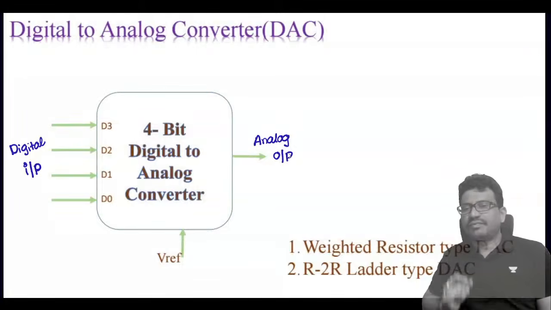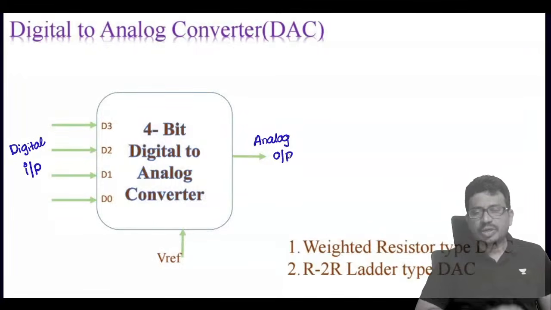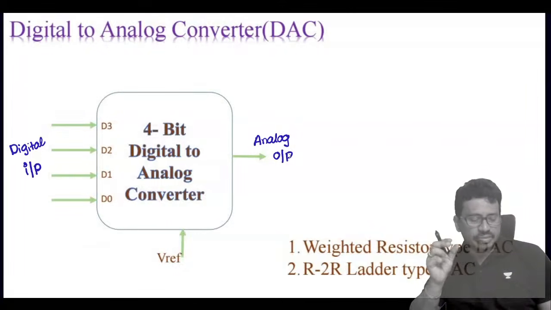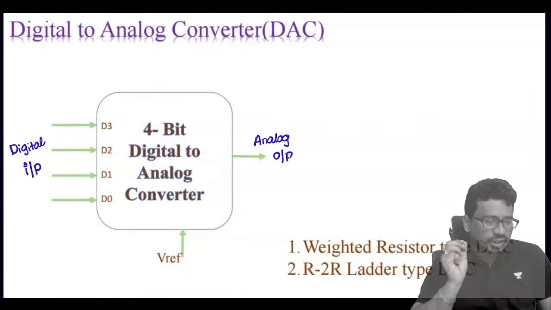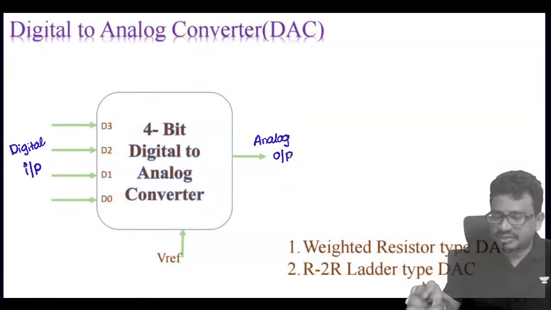Any device can measure only up to a certain maximum value. That is called the V reference.